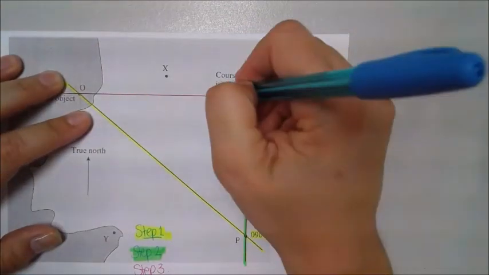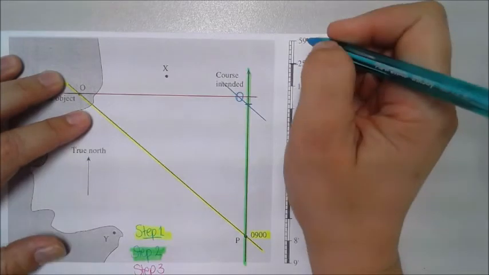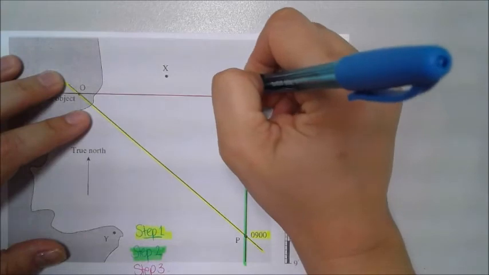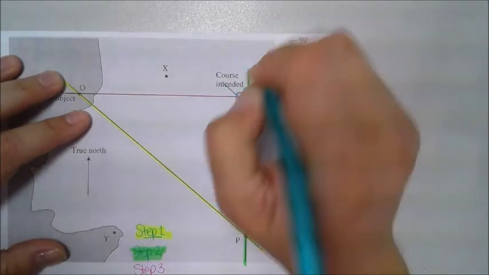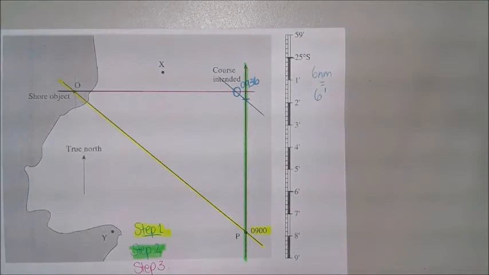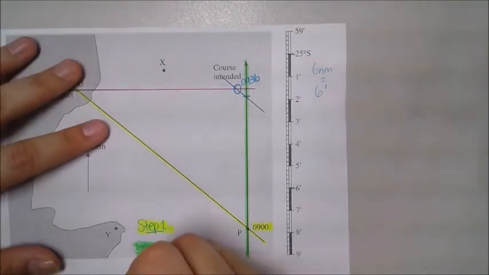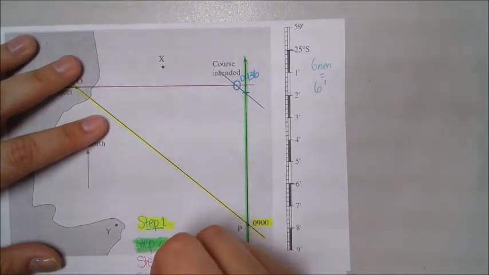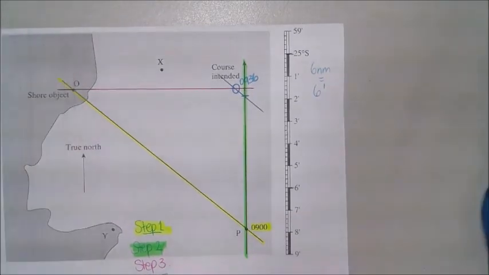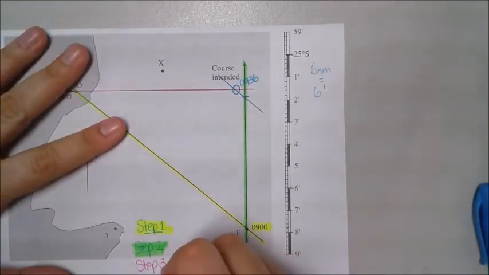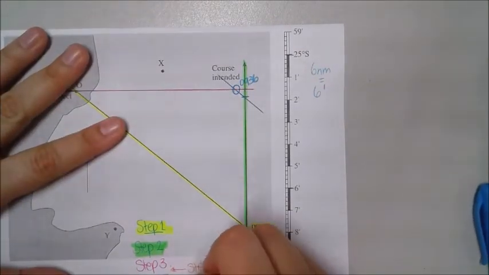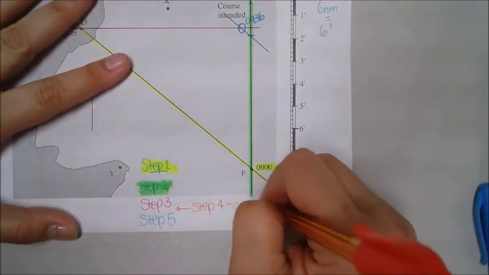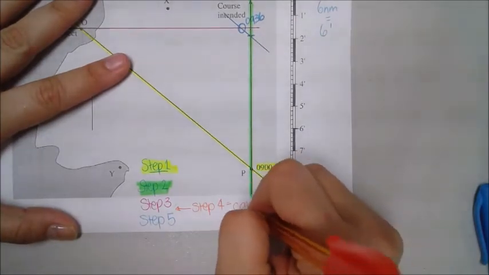So now at this point here is where my boat is at 9:36. Technically that's step 5, because step 4 is calculating the distance.